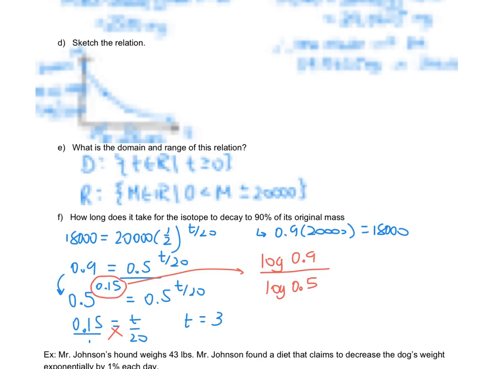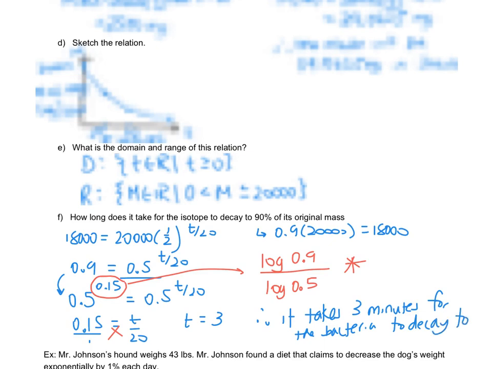If I had used 0.152, my answer could have been a bit more accurate. So this is a great shortcut instead of doing that guess and check. But sometimes you will get lucky and you will know the common base right away. Now, therefore, it takes 3 minutes for the bacteria to decay to 90%.